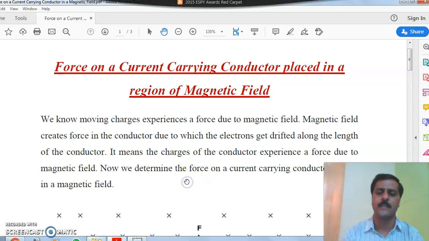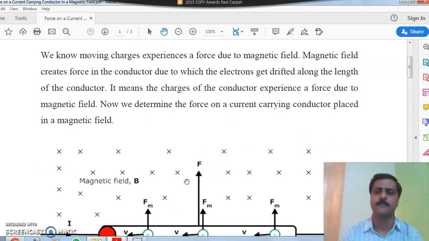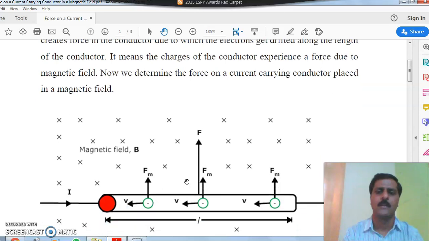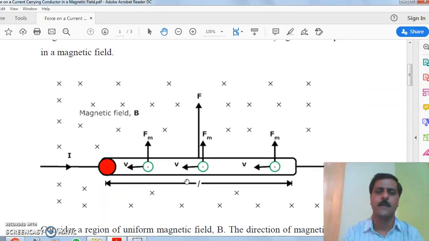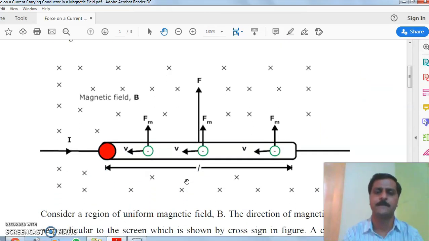To derive that expression, let us consider a conductor which is placed in a region of magnetic field. We can see in the diagram crosses.